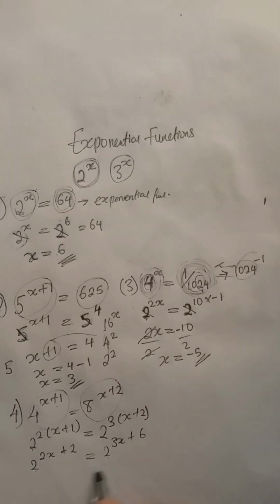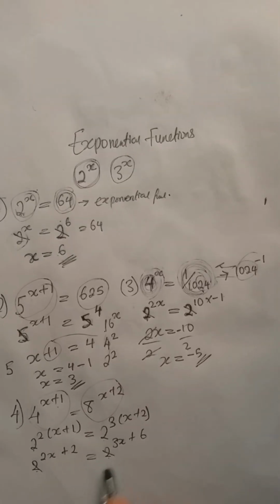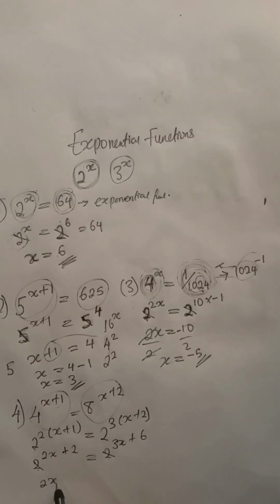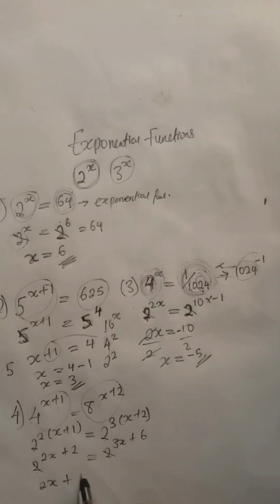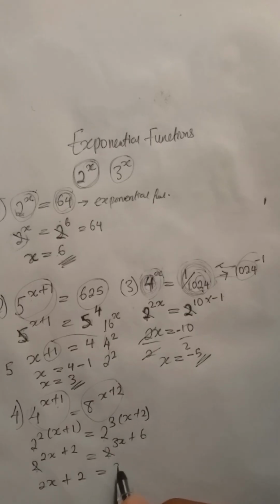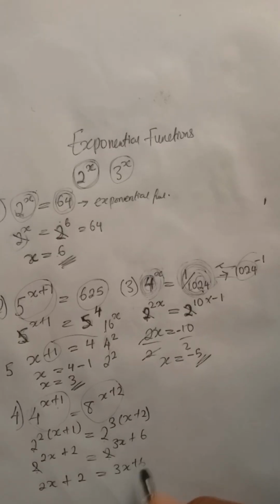So when we have similar bases, what do we do? We eliminate them. Then we'll be left with 2x plus 2 equals 3x plus 6.